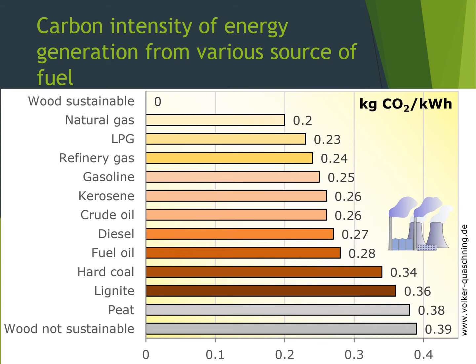And then we move on again from natural gas, moving up to LPG. Natural gas has the lowest carbon dioxide emission per kilowatt hour compared to other forms of fossil fuel. As you can see here, as you move up, the carbon dioxide emission per kilowatt hour is rising: LPG, refinery gas, gasoline, kerosene, crude oil, diesel, fuel oil, coal, lignite, and peat.